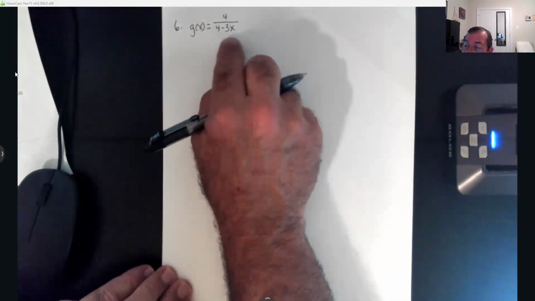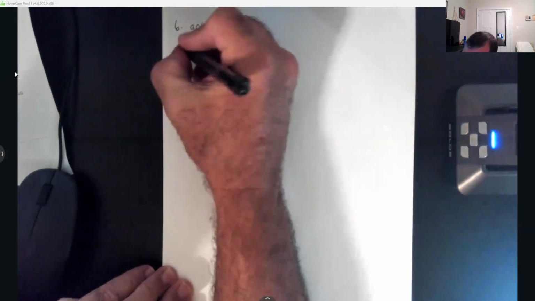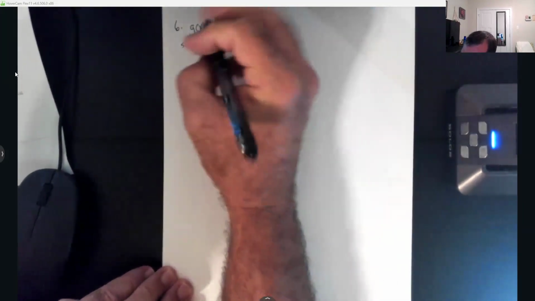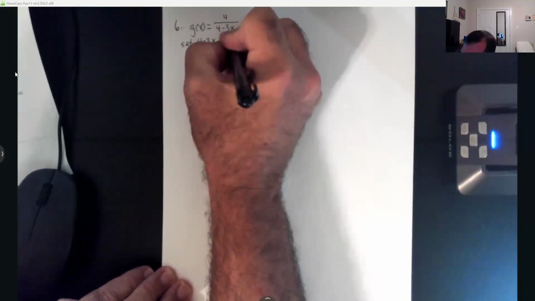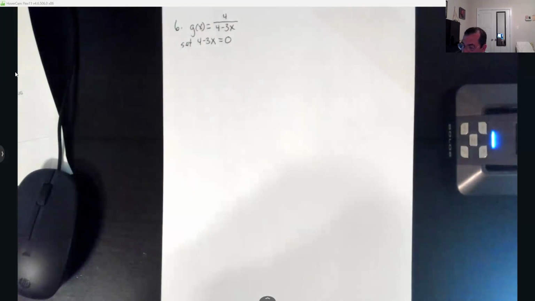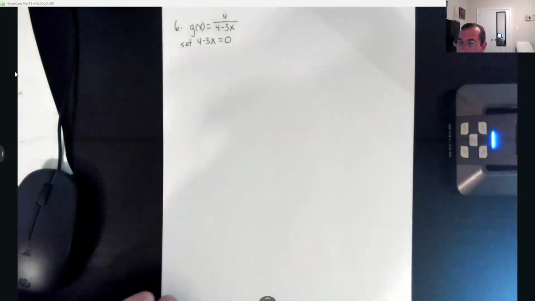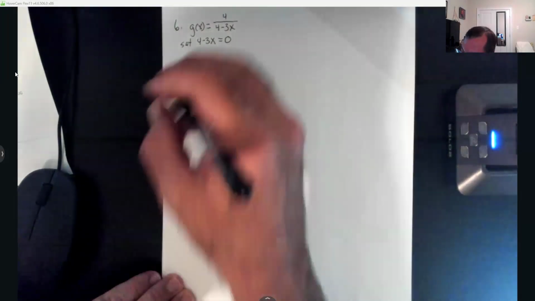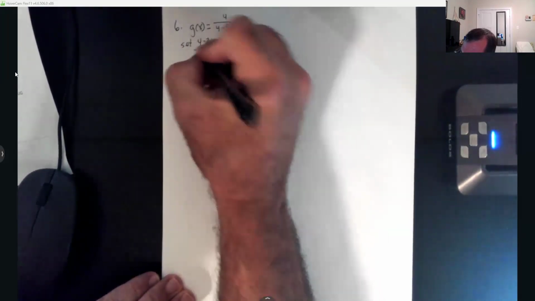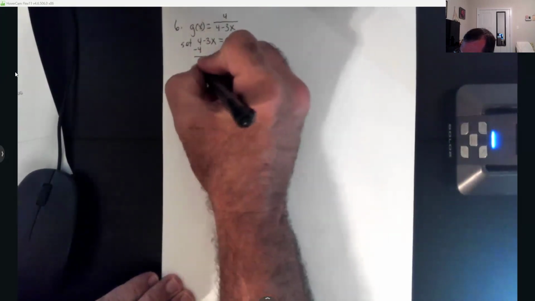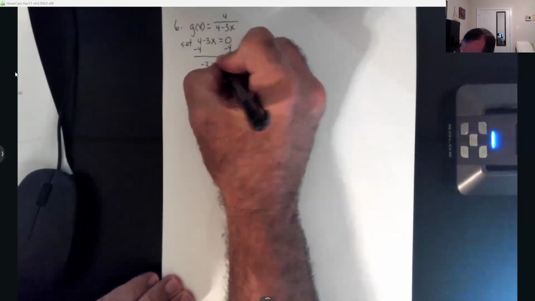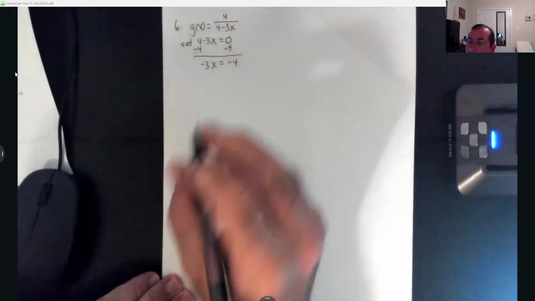But I do have a fraction, so I got to set the bottom equal to 0. So what would y'all do to solve that? Move the 4 first? So we could move that 4 by subtracting 4. All right, the 4's cancel. I get negative 3x equals negative 4.